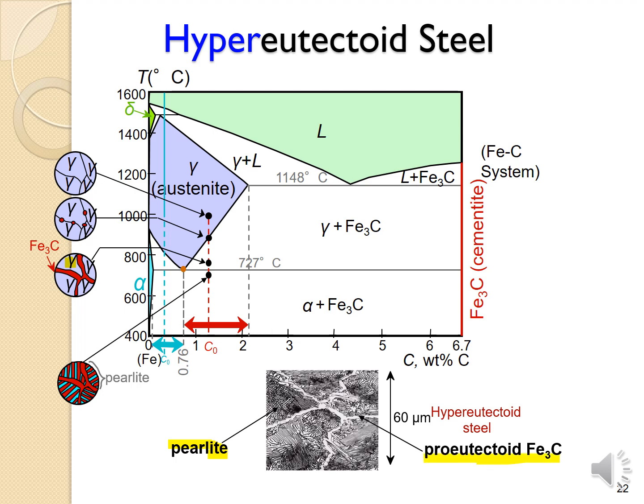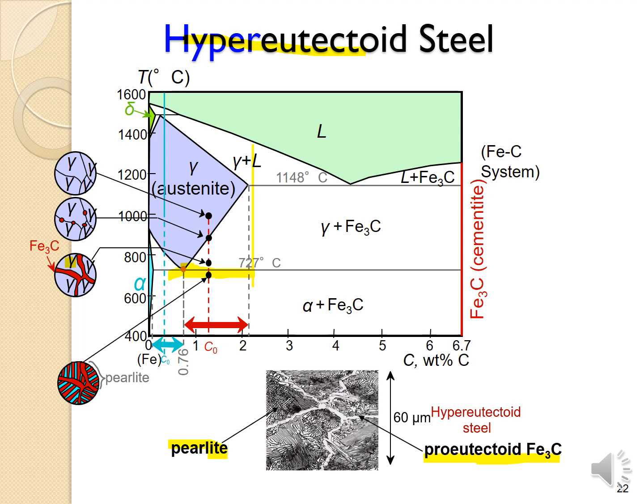One thing I want to mention is that the composition of the hypereutectoid steel is higher than the eutectoid composition, but lower than the composition of the eutectic reaction. Which means it's just between those two. It's not all the way to the right, to the 6.7 weight percent.